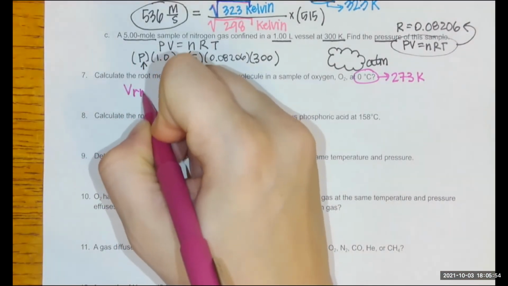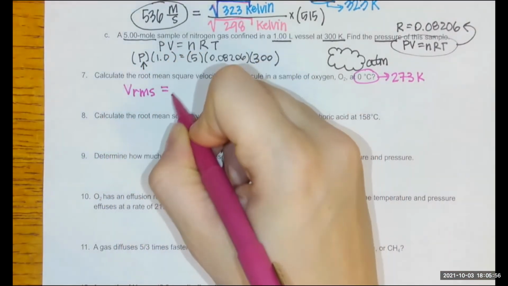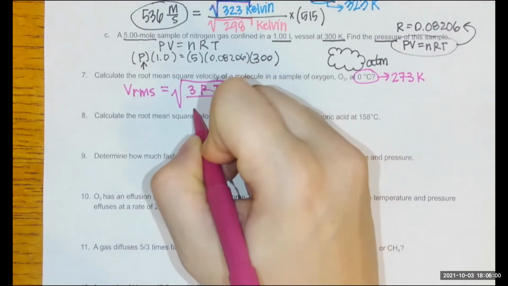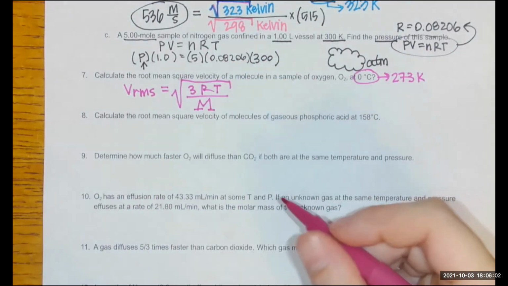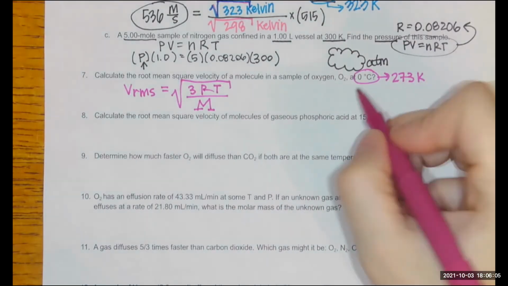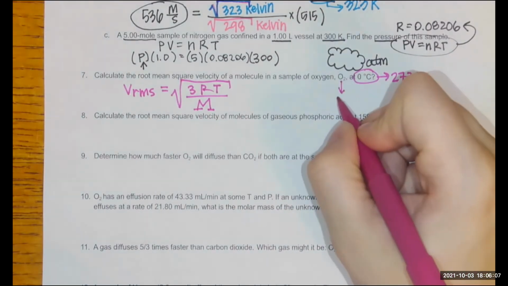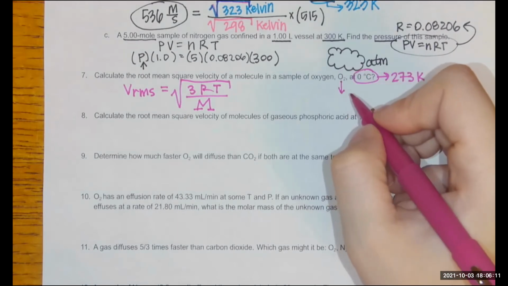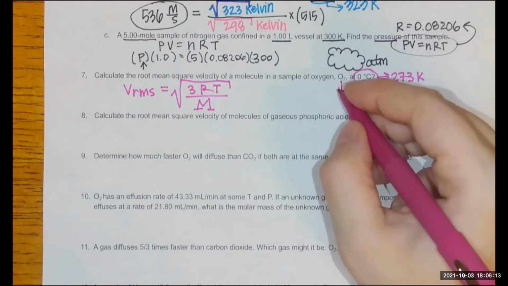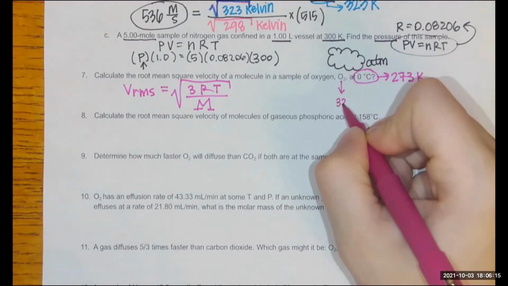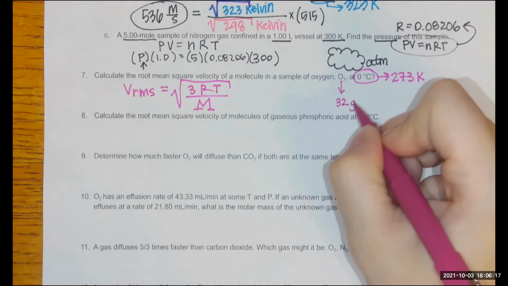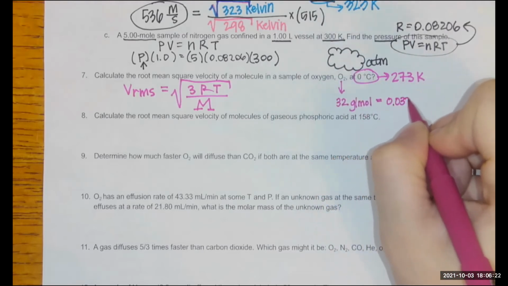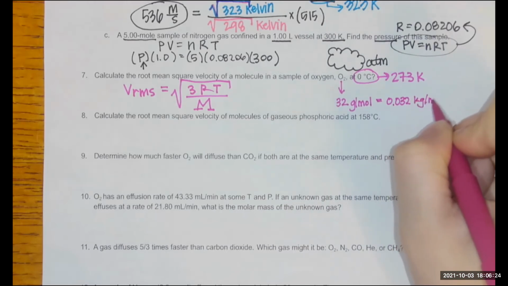The VRMS formula is the square root of 3RT over the molar mass in kilograms. O2 normally weighs, let's see, 16 each. So normally this would be 32 grams per mole. But since we need it in kilograms, I need to move that decimal 3 times.